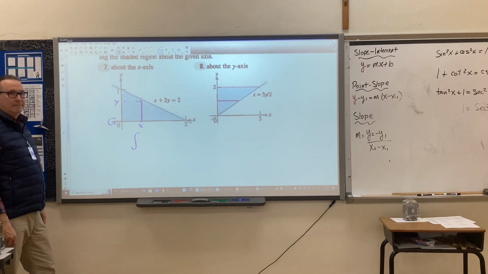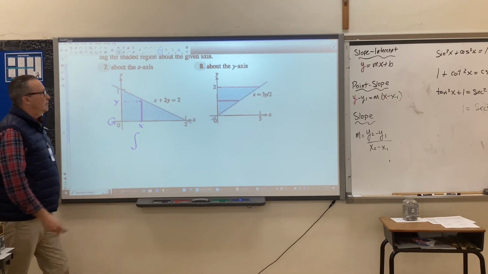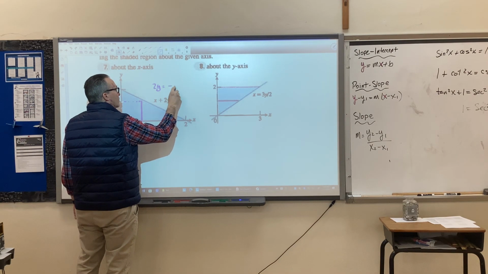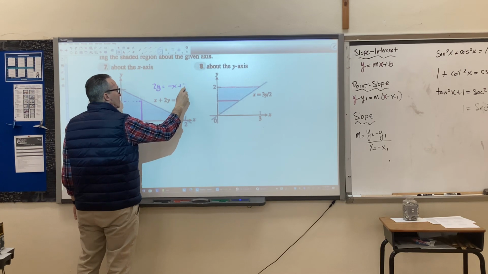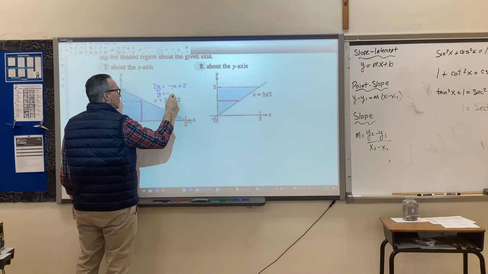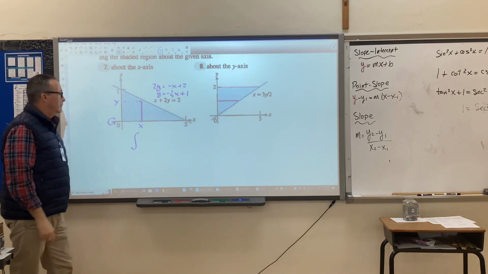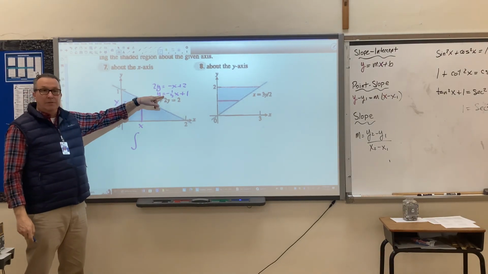We have to get it in terms of y, right? Or like y equals. Okay, so subtract x. Good. Now we know what y equals, right?